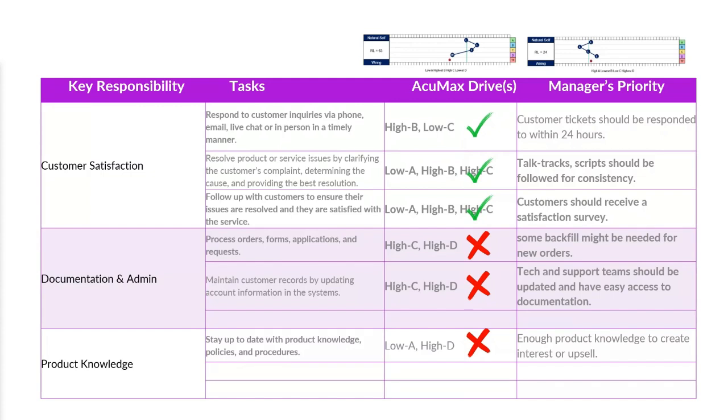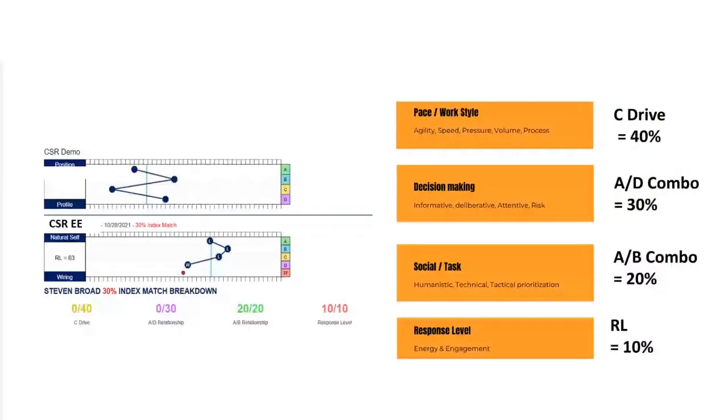So now what happens is this starts to make sense for the manager. Now I start to see the importance of these drives and how these drives are utilized to then contribute to a position profile. And then what makes more sense is that match, right?